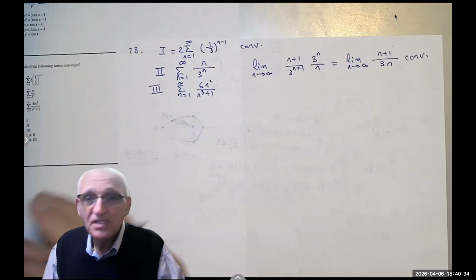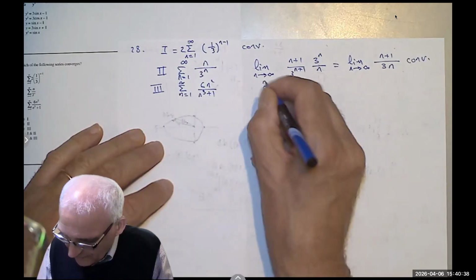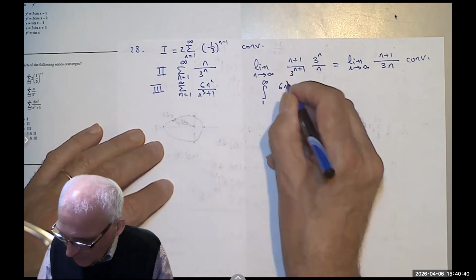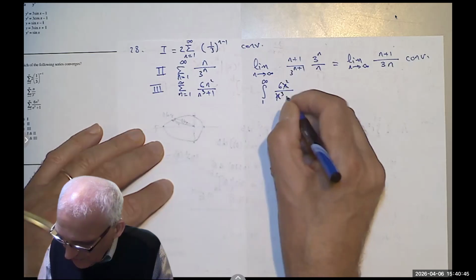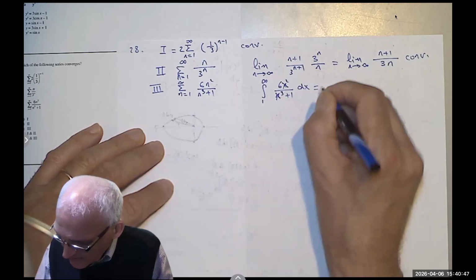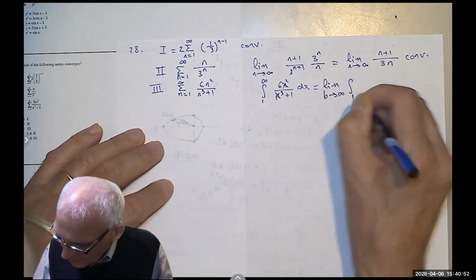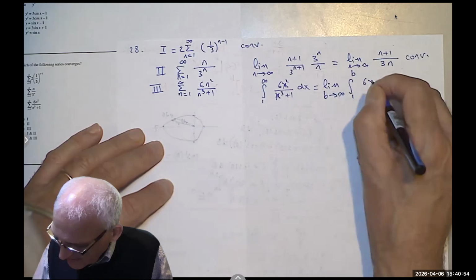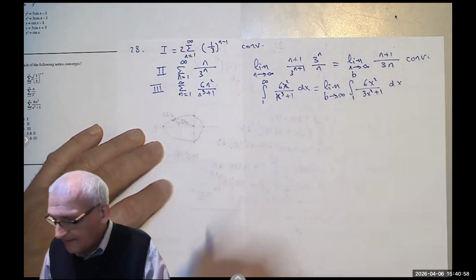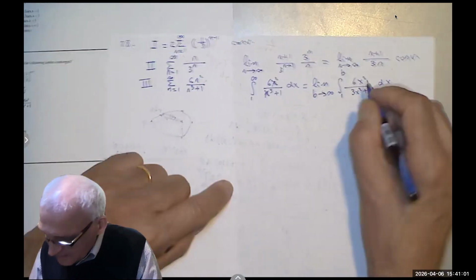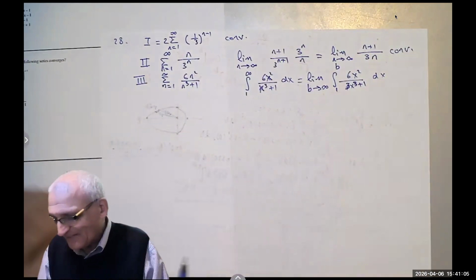So we can use the integral test, meaning I can take the integral from 1 to infinity of 6x squared over x cubed plus 1 dx, which equals the limit as b approaches infinity of the integral from 1 to b of 6x squared dx over x cubed plus 1.